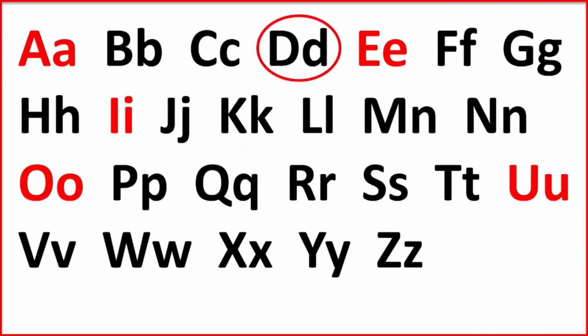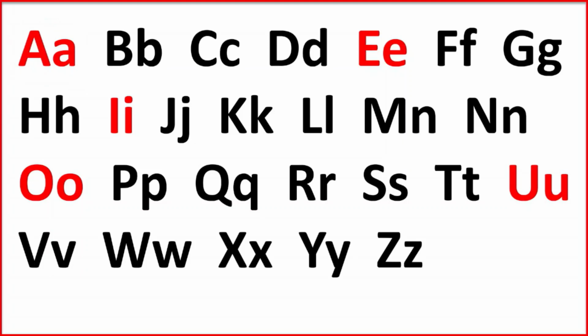What is this? This is D. What is this? This is B. What is this? This is E. What is this? This is F. What is this? This is H. What is this?